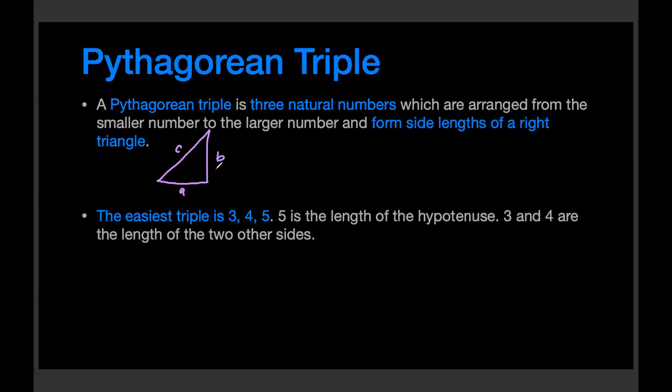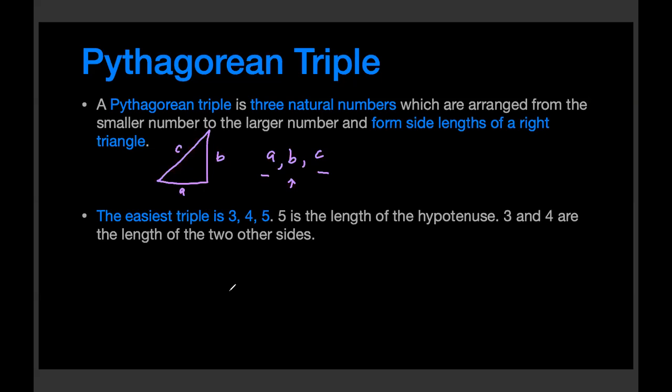So if these are my sides, A, B, and C, let's say that A is the smallest side. Then the triple could be A, B, C, because the hypotenuse is always the largest, and B is just in the middle there, right? So the easiest triple is 3, 4, and 5.